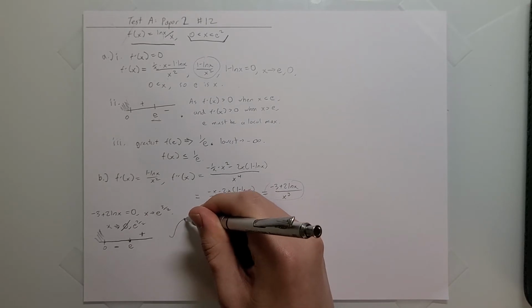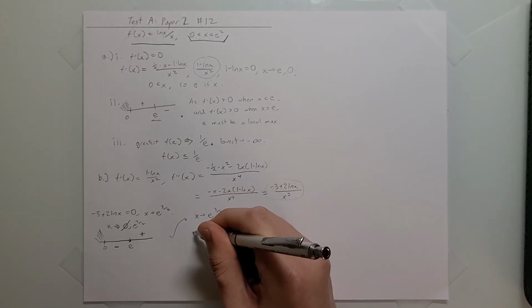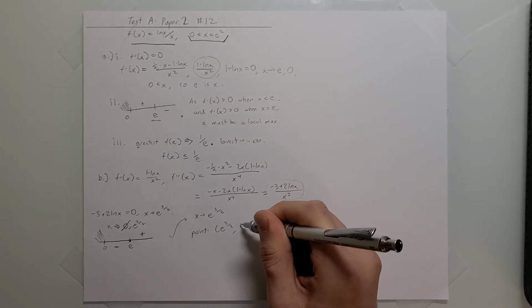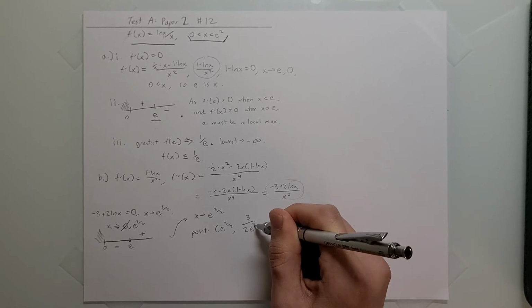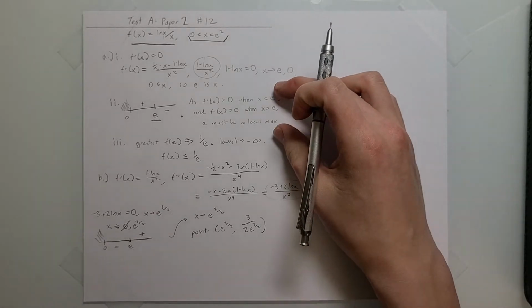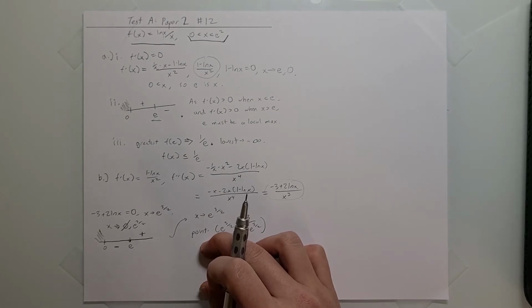So we find that x will be e to the 3 over 2, and the point will be e to the 3 over 2, 3 over 2 e to the 3 over 2, if we just plug in this value here. I do not believe there is a need to copy this reasoning portion over here to show that it's a critical point.